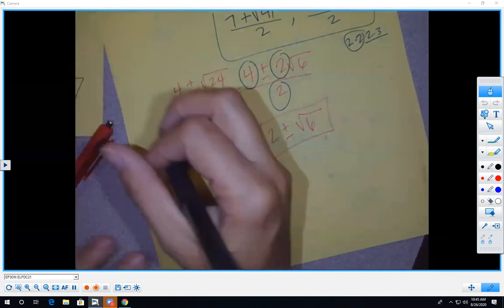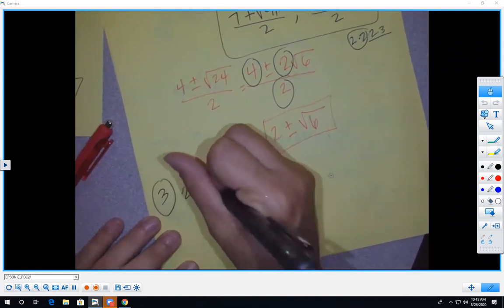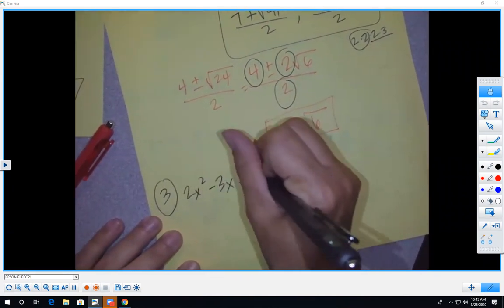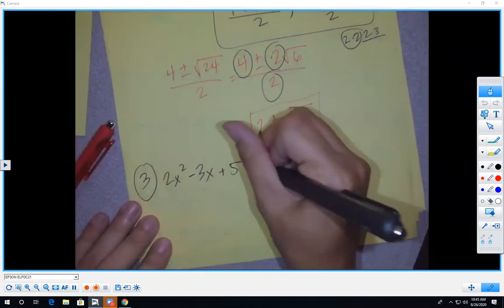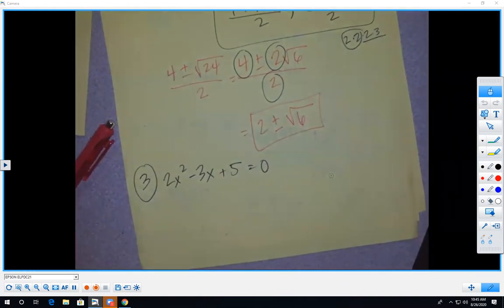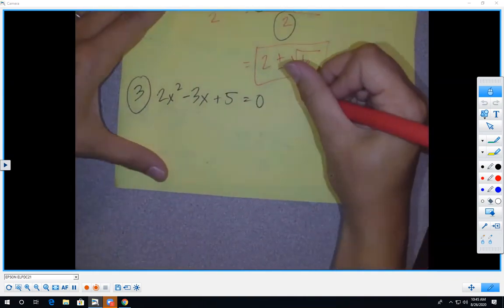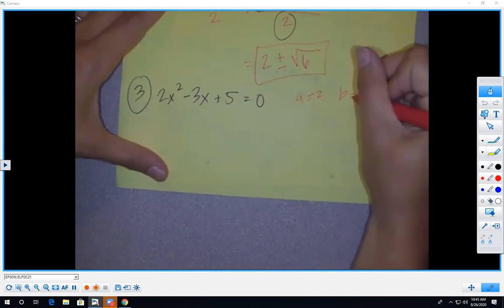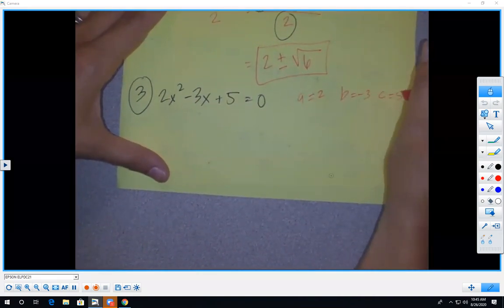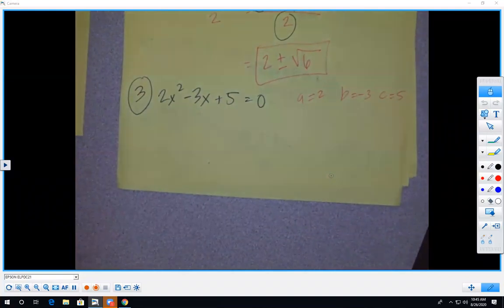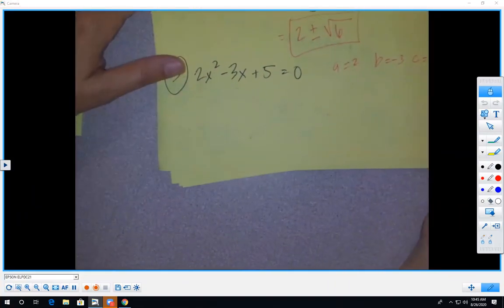If I had 2x squared minus 3x plus 5 equals 0. Okay, my A value is 2, B is -3, C is 5. Let's plug it in.